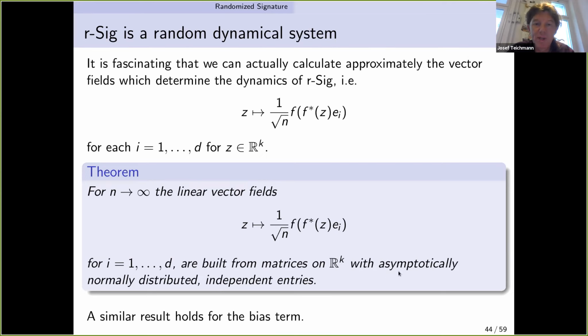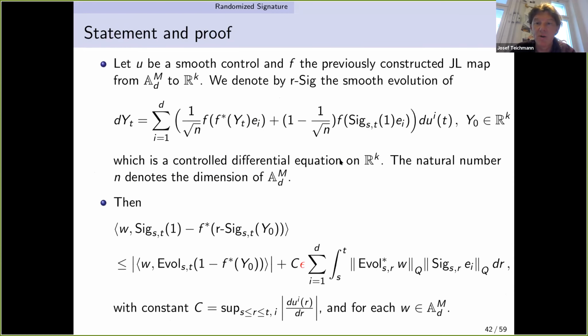We can build it by asymptotically normally distributed random matrices. And we have a similar result for the bias term. So somehow the information of this signature term disappears if the K is large enough here.